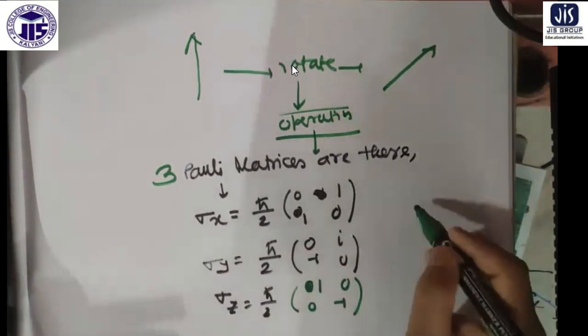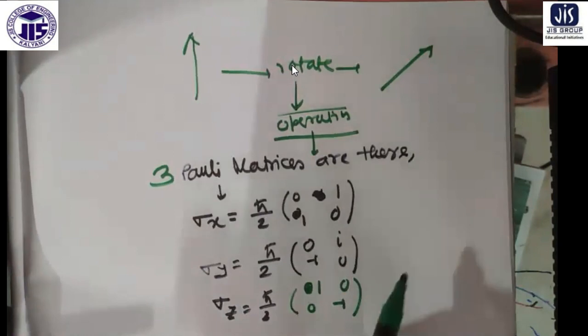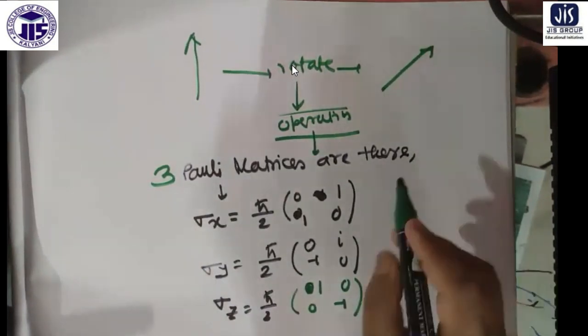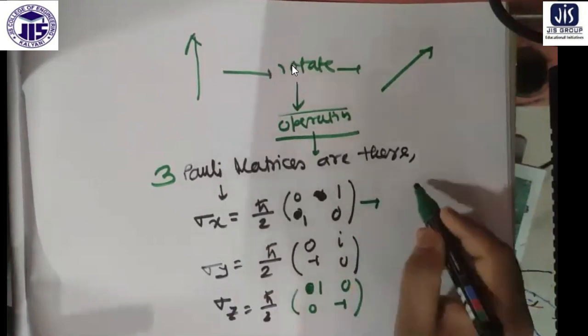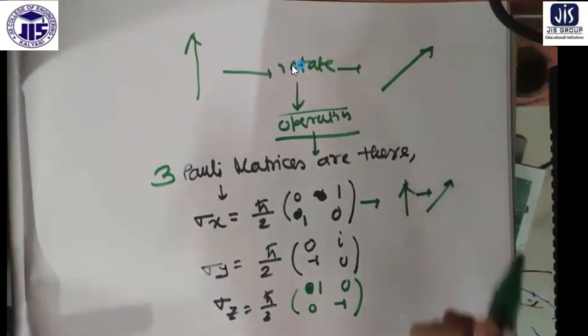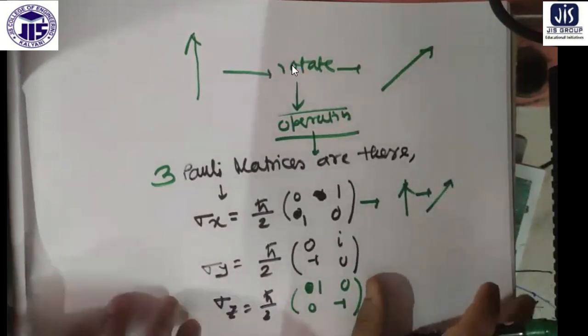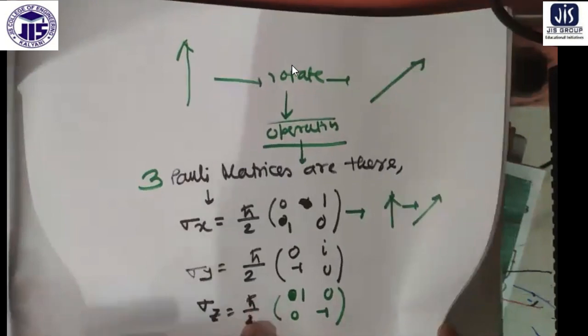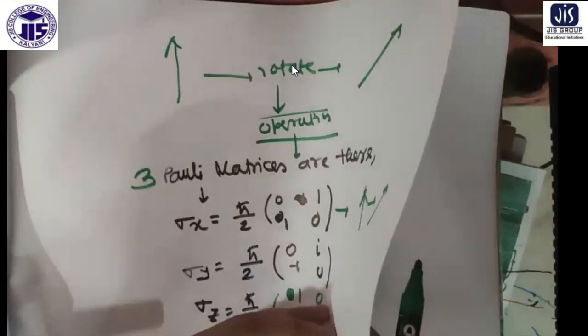What is their job? Their job is to act on the linear basis vectors. They will act on the electron spin and try to rotate it in favor of the field. Now what are these operators doing actually? Let me give an example. If I give the example, you will realize it is so easy.